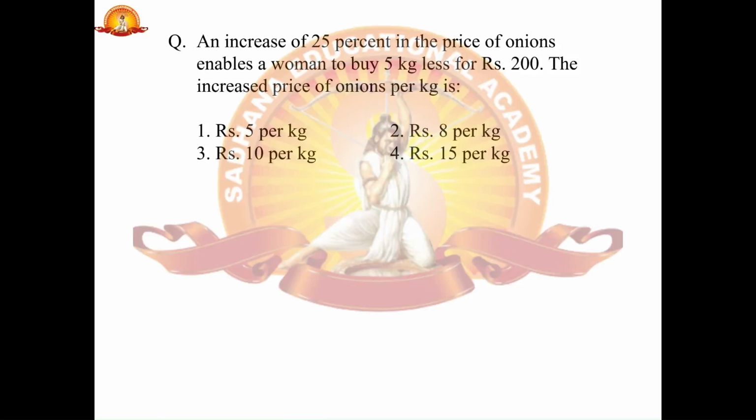Here it is given that the price is increased by 25%. Price is increased, so we will have a deficit amount to purchase onions. So how many kgs of onions are missing because of the price increase? 5 kgs. So when the price is increased by 25%, we have a deficit amount of 25% of the amount.